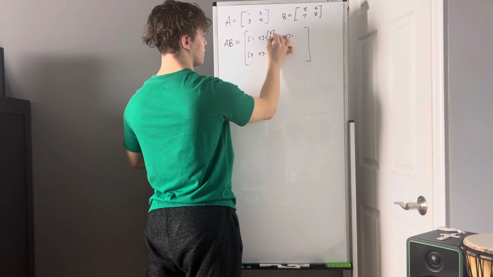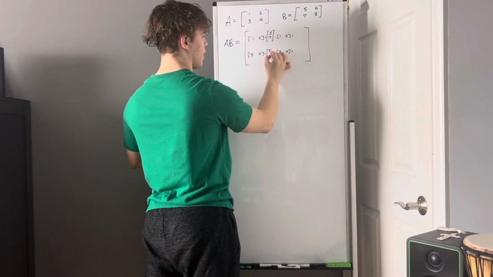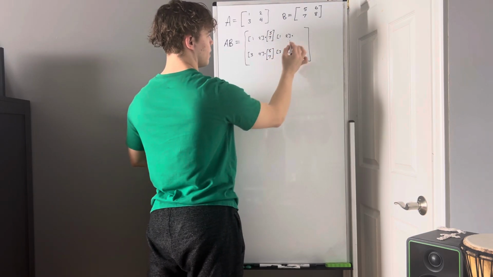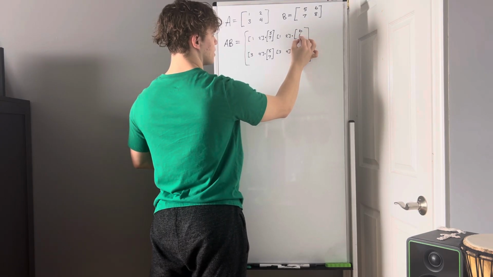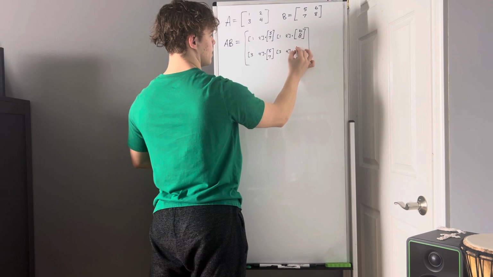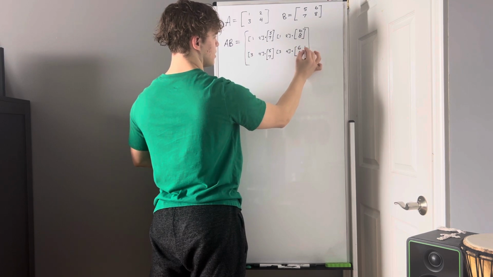5, 7. 5, 7. And then what we'll get here is the second column of B, 6, 8, and 6, 8.